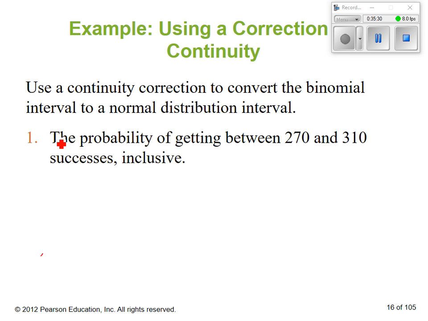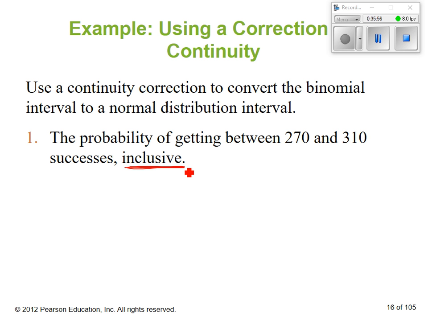If we were doing something like the probability of getting between 270 and 310, and it says inclusive here, I'm not going to draw the graph, but we want to go from 270 all the way up to 310, and we want to include 270 and include 310.